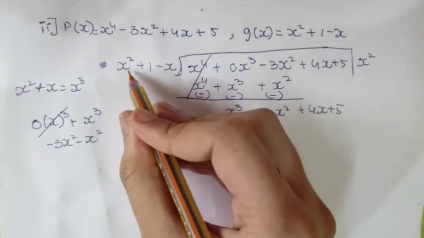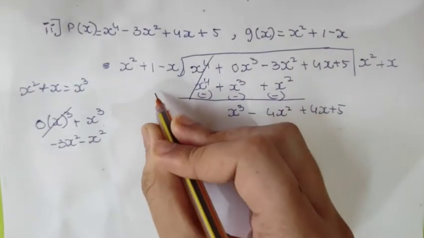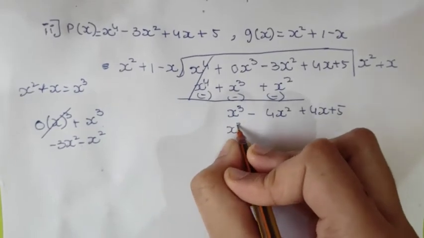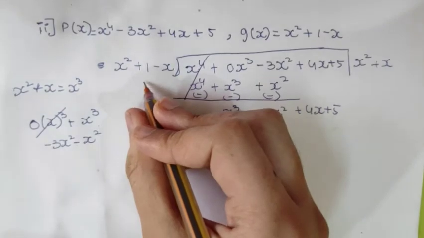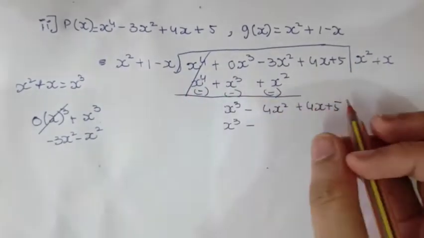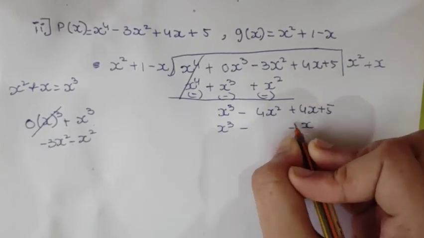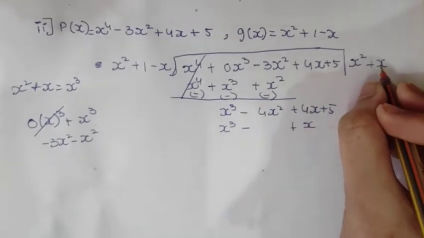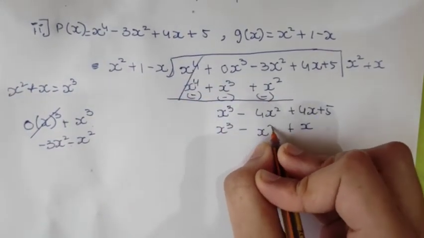Okay. So here we have x square, so x square into x, that becomes x cube. So here x cube, and x into 1, that becomes again x. So here plus x, and here x square, x into x, that becomes x square, so minus x square.